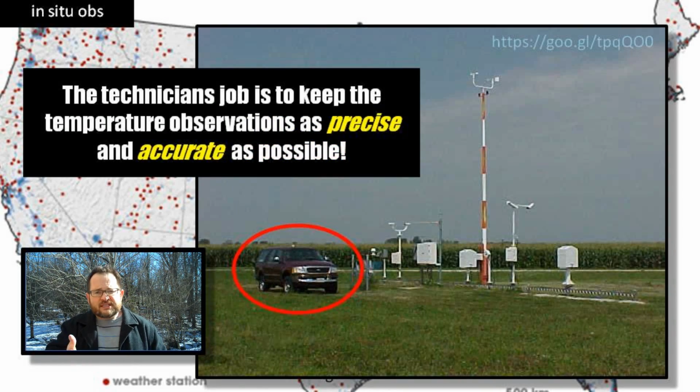Their job is to visit those sites, I don't know, a certain number of times per week, and check to make sure all the meteorological instruments are very finely calibrated. There's no nonsense of the instruments having gotten out of calibration and giving false temperatures or anything like that. This technician's job is to make sure that these observations coming in from these stations are as precise and accurate as possible.